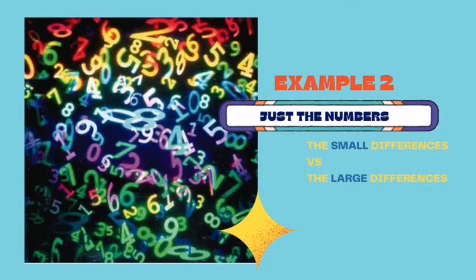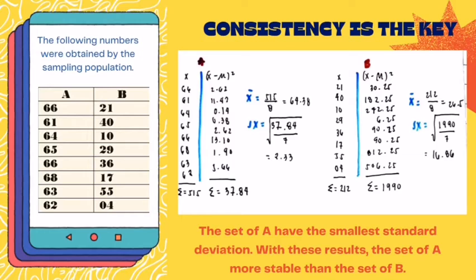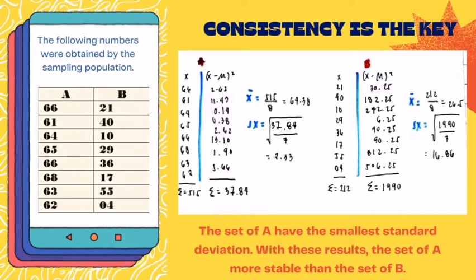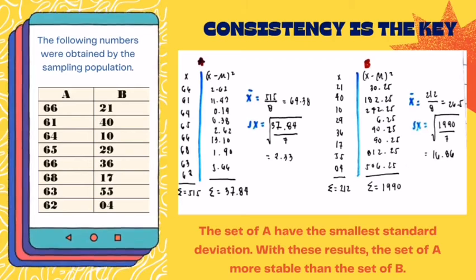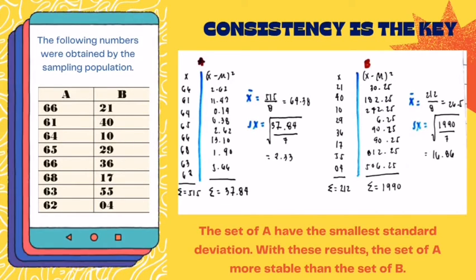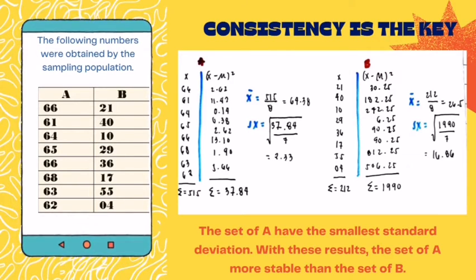Let's have another example. The next example is to solve from two sets of values. Set A is 66, 61, 64, 65, 66, 68, 63, and 62. Set B is 21, 40, 10, 29, 36, 17, 55, and 4.